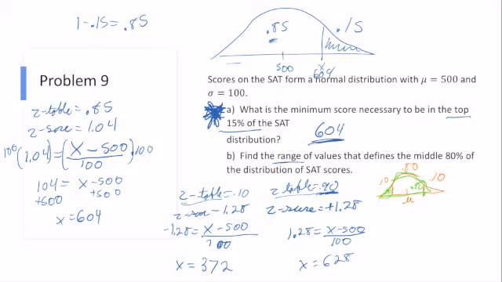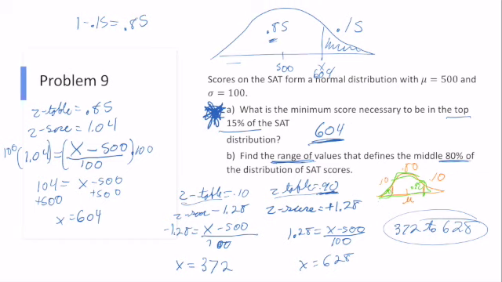So the range of values that define the middle 80% are from 372 to 628. And I do have the key to this worksheet posted on our class website. Remember, this is the Z-Scores, Proportions, and Percentiles worksheet if you have any questions on how I solved that problem.